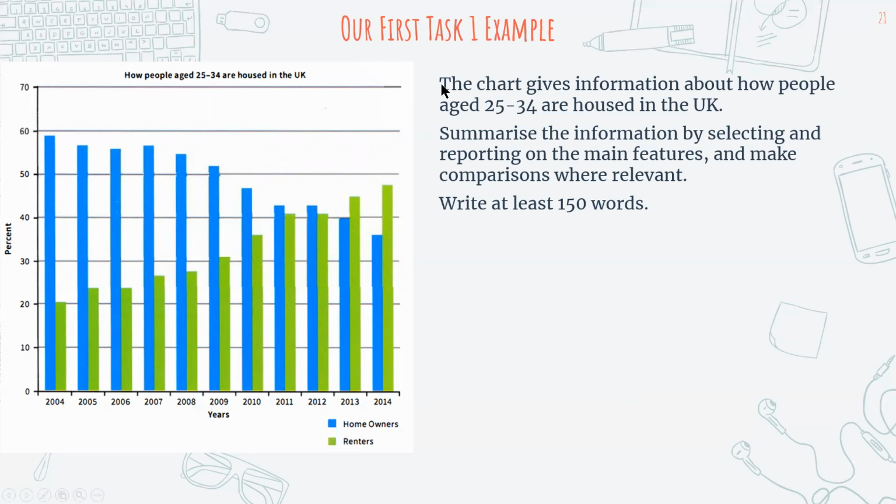The chart gives information about how people aged 25 to 34 are housed in the UK. Summarize the information by selecting and reporting on the main features and make comparisons where relevant. Write at least 150 words. So this is a very easy one.